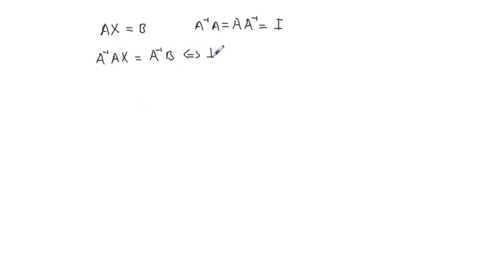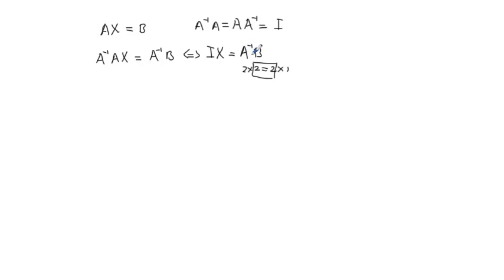Then we have an identity multiplied by X, equals A inverse times B. And you remember what we said about multiplication: this is a 2 by 2 matrix, and this one is a 2 by 1. If these two numbers, as we can see, are equal, it means we can multiply these matrices.